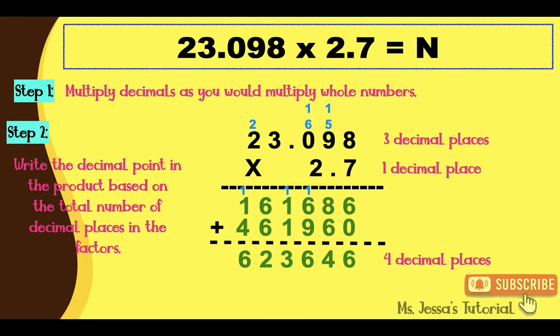So from the right, let's count 4 decimal places. 1, 2, 3, 4. So that means the decimal point will be between 2 and 3. Is that clear? So the answer is 62.3646.